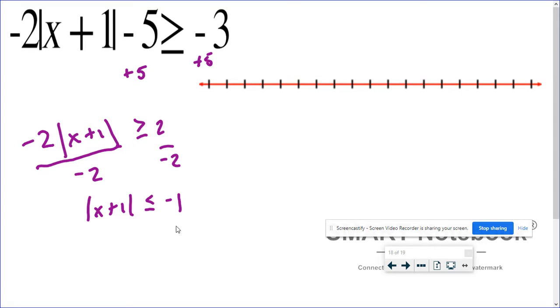At this point, it's a little tricky because not only can an absolute value not be equal to a negative, well, it can't be less than or equal to a negative as well. So this is actually no solution, right? Because the absolute value can't be less than a negative.